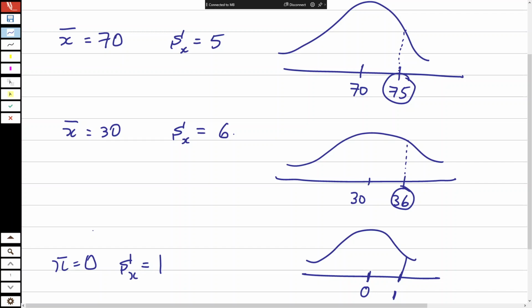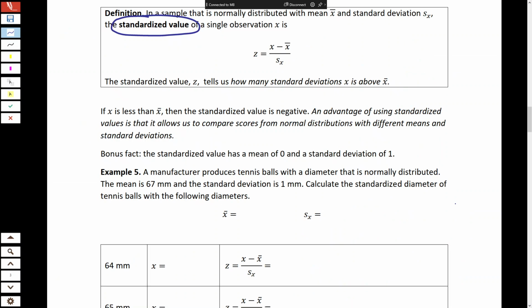Okay, so all these three distributions are the same. When we use what we're going to talk about, standardized values in a moment, we are really talking about this picture, this last one. That probably doesn't make sense, does it? All right, let's do some calculations and then maybe we'll come back to this.